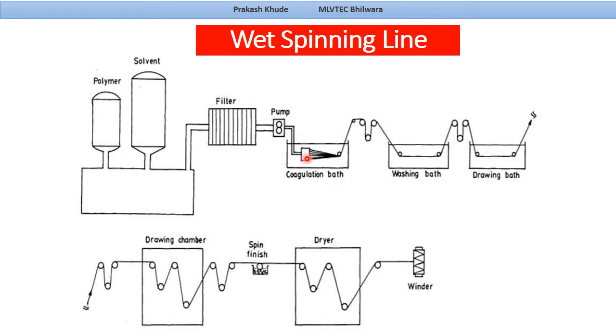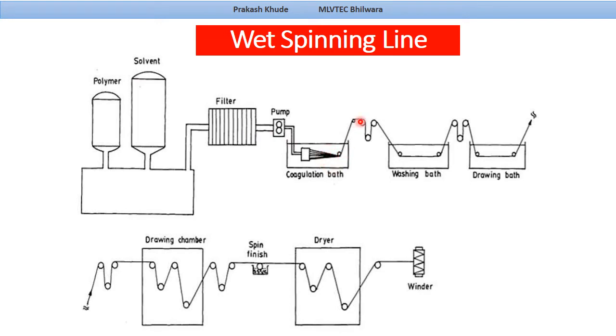in the coagulation bath. In dry spinning the spinneret is in the air only, and here the spinneret is kept inside the coagulation bath or chemical bath, by which the solvent used for dissolution of the polymer is removed chemically.